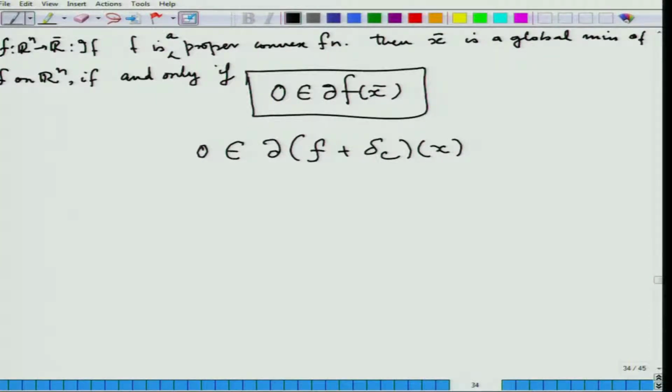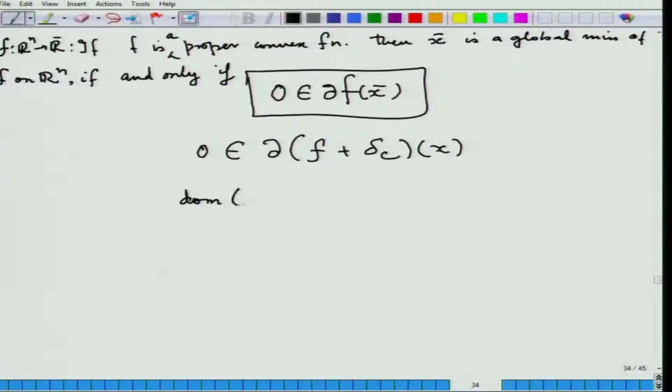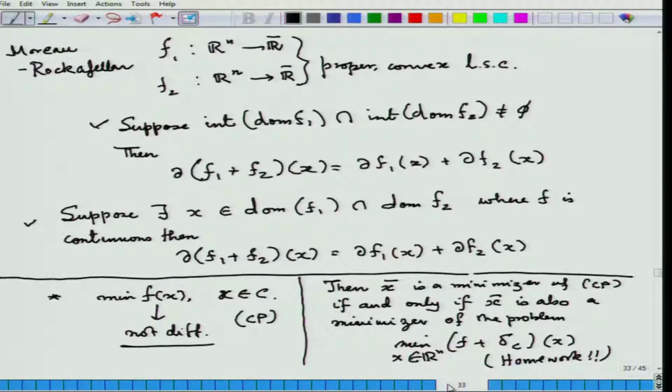Now, what is the domain of the function f? It is the whole of R n. And what is the domain of the function del c? It is C. So, the domain of f intersection the domain of the indicator function is nothing but C, with f taking the place of f1 here.